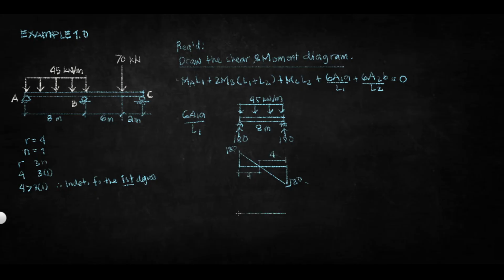And if you're going to plot or draw the moment diagram, so from 0, we need this area. So ang area nito is 180 times 4 divided by 2, 1/2 base times height, so 360.